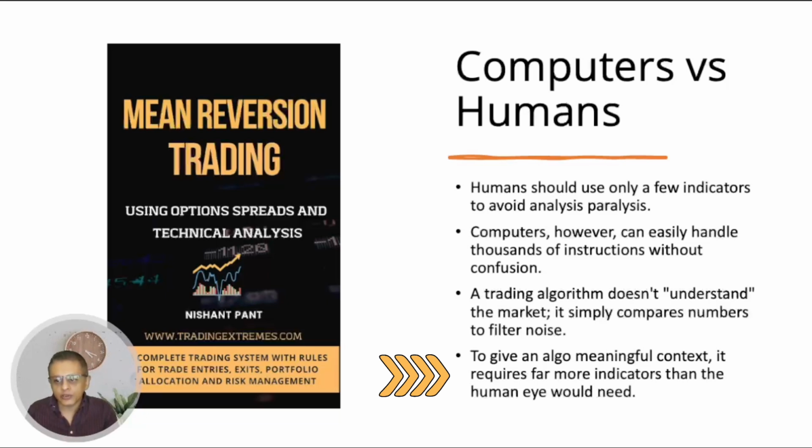For a computer, the visual image it's creating in its mind of the stock market, the quote unquote understanding it has, is coming from indicators. Just wanted to throw that out there, that you do need more than a handful of indicators when developing a trading algorithm.